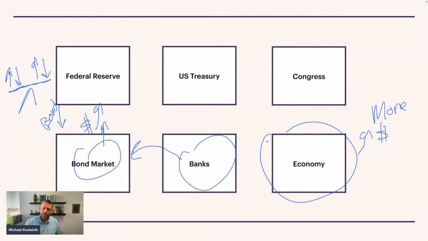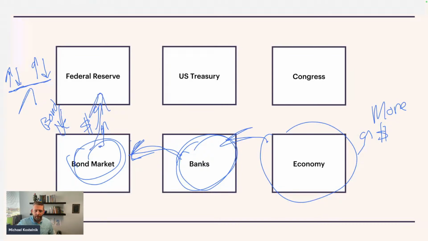Then you are giving your payments to the bank, and your deposits and your interest and all that is going to the bank. The bank is taking that money and giving it to the bond market. And the bond market is taking that money and buying treasury bonds. They're driving down the price of bonds because they're giving more money to the Federal Reserve and they're taking more bonds out.